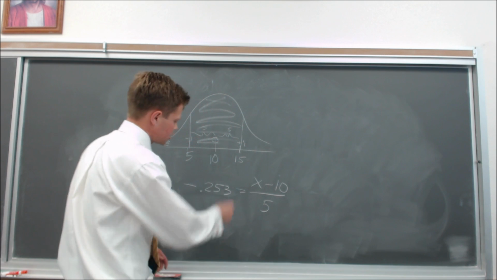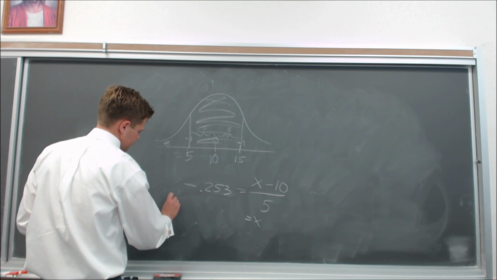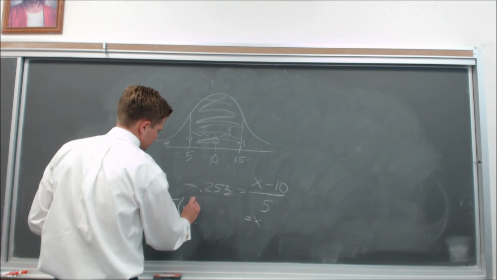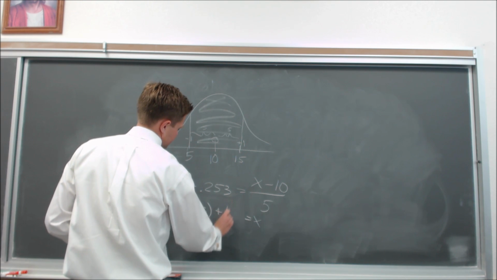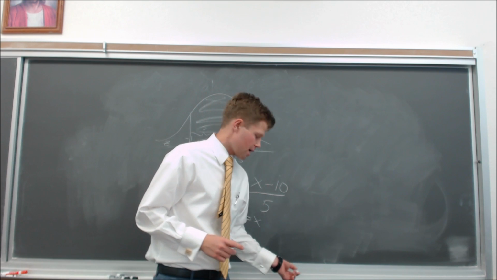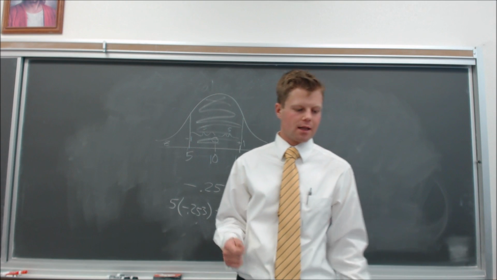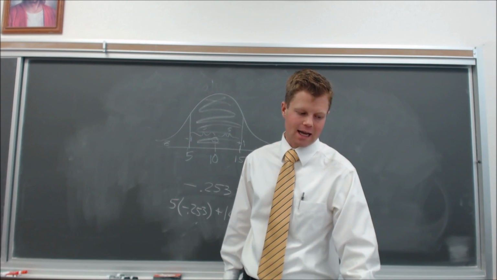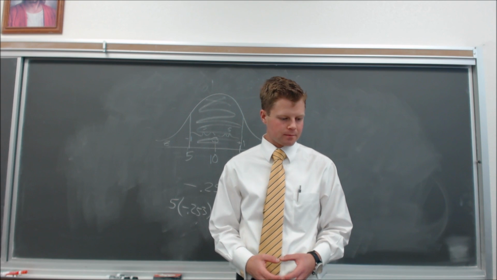If you algebraically rearrange that, you get x equals 5 times -0.253 plus 10. You plug that into your calculator and you get 8.7. Okay, so that is somebody that scored in the 40th percentile, or an object that is in the 40th percentile.